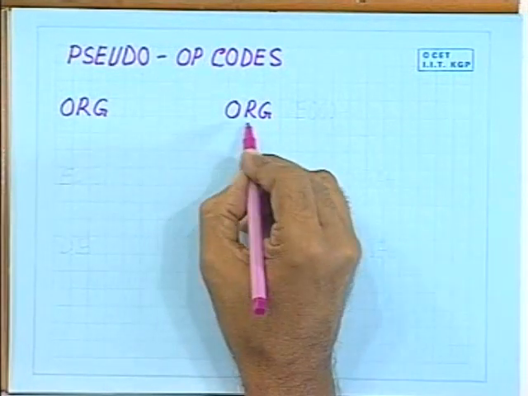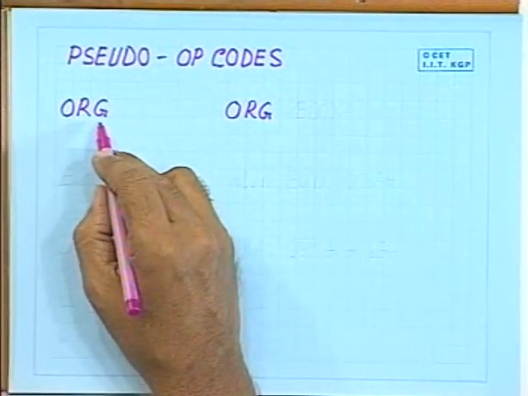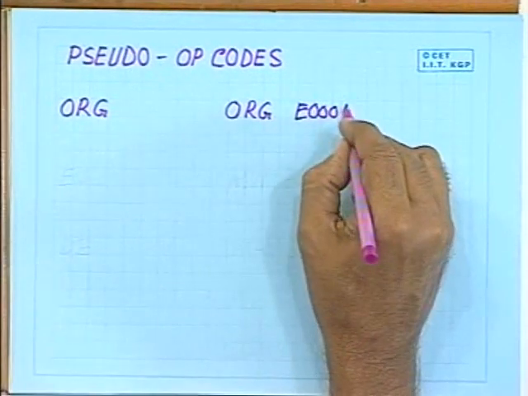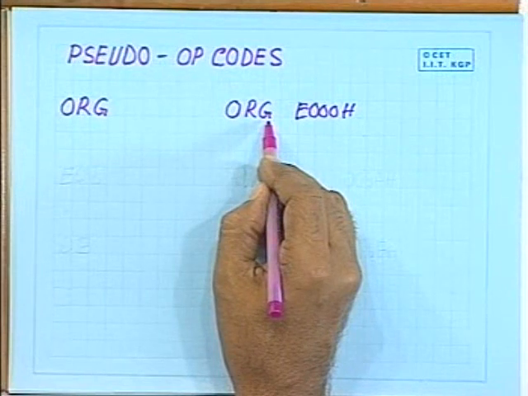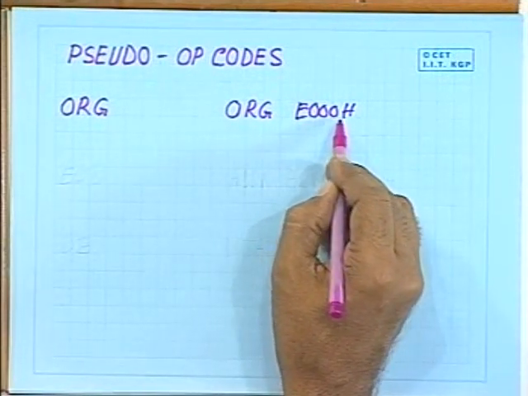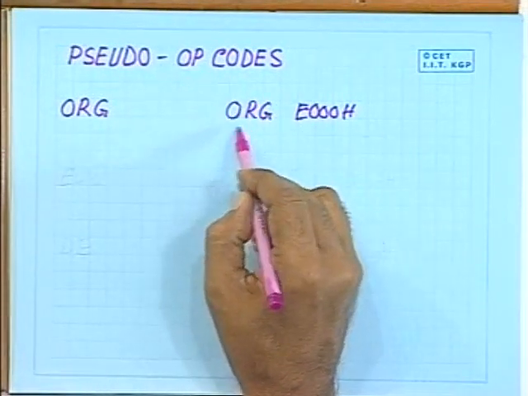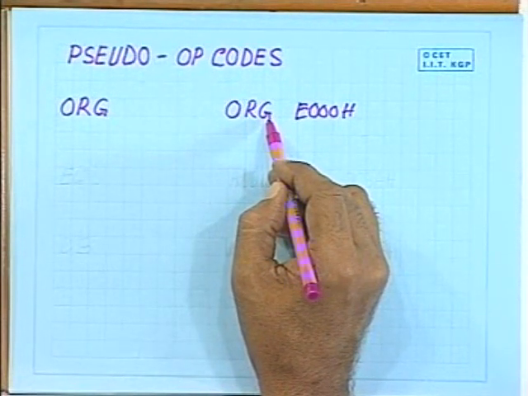So for example, if you want to start your program from E000 in hex, in the opcode field you have to write ORG, and in the operand field you write E000H. So this is the pseudo opcode. Obviously ORG is not an instruction for the machine language.